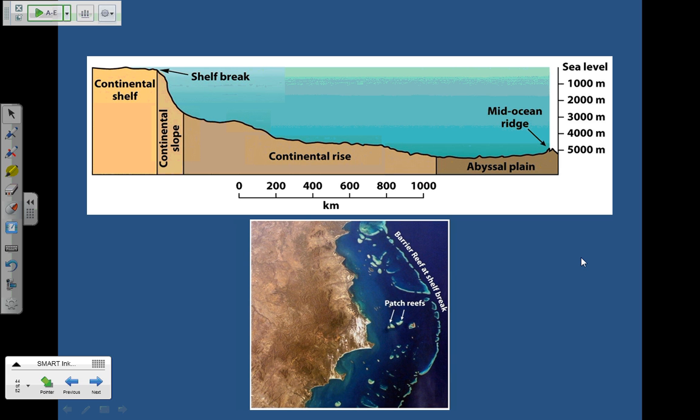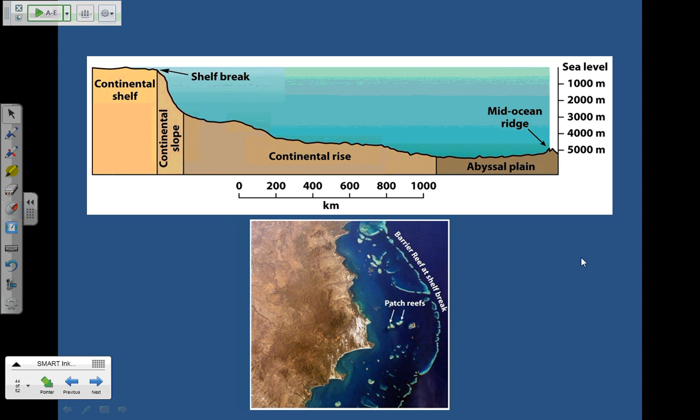What about the continental slope? Nothing? What did I tell you about submarine fans? Build up of sediment up here, falls off on a steep slope.